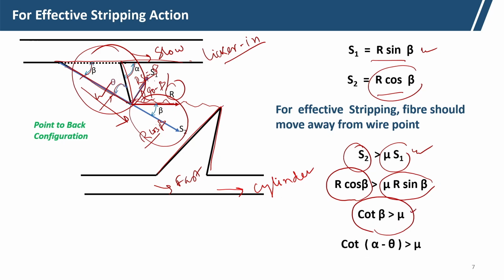What is beta? Beta is nothing but alpha minus theta. So, cot of alpha minus theta should be more than mu. With this condition we can achieve the proper stripping action.